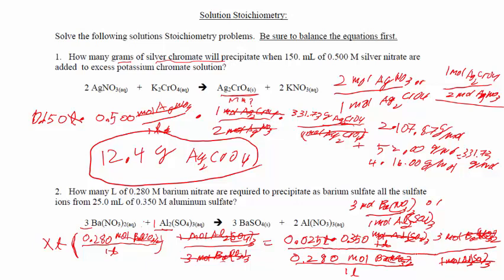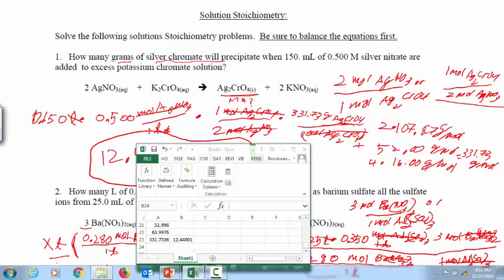So barium nitrate cancels. Aluminum sulfate and aluminum sulfate cancels. And what I end up with, the only thing that doesn't cancel is 1 over liters. Of course, that liters flips up on top, and that gives me units of liters, which is what I want, since I want liters. So let's go ahead and just dump all of this into Excel and see what we get. Crunch the numbers.